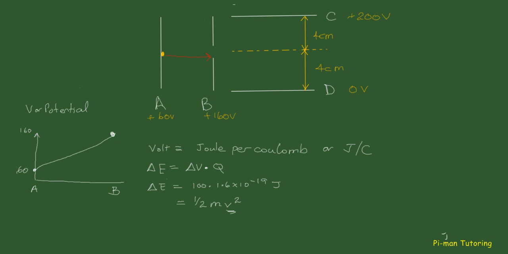We simply calculate the energy change, and then we will divide by 1/2 m and take the square root. So v is going to be equal to 2 times the change in energy divided by the mass of the electron, and then we're going to take the square root of both sides.